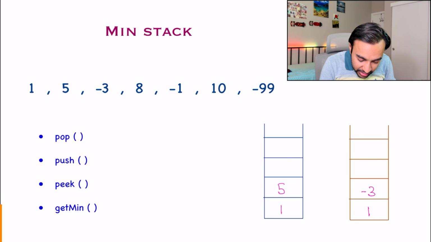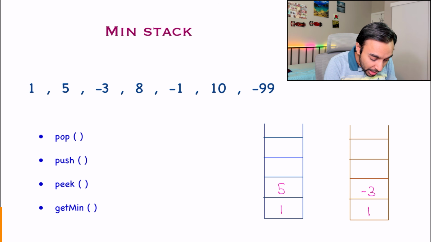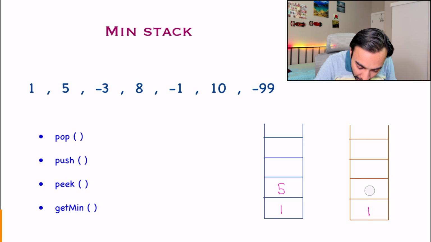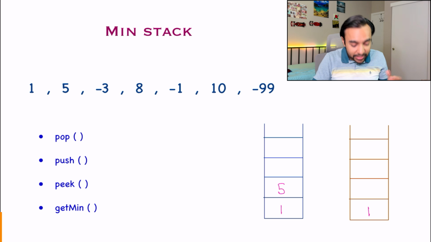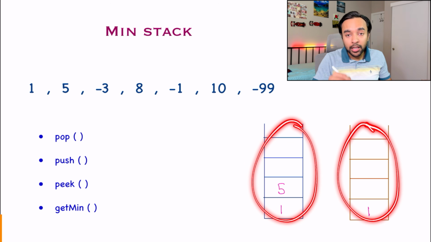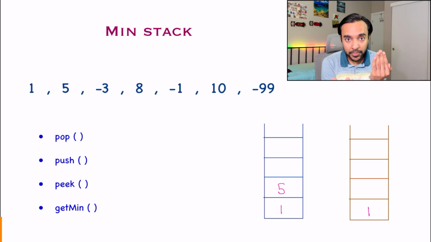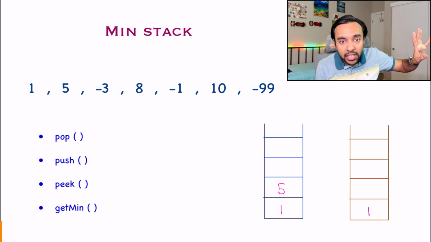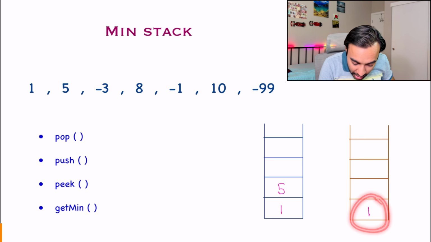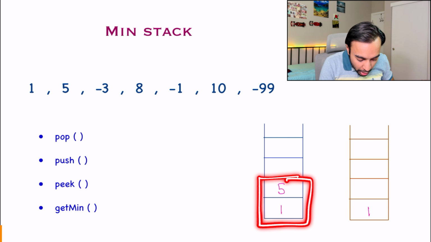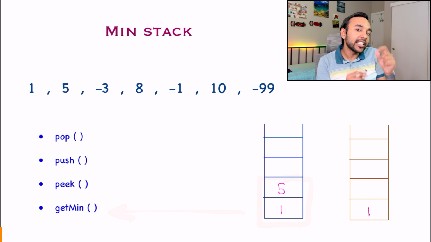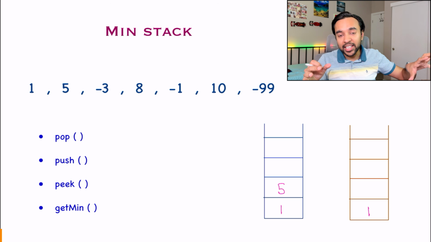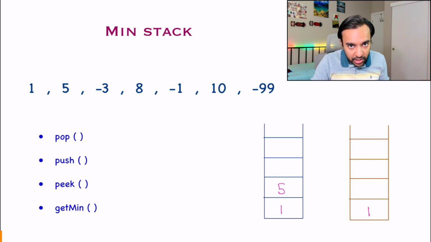But in your min stack, you have minus 3 here as well. So you will need to remove minus 3 also. That is how this stack and this stack will maintain kind of the same state. If someone asks you, give me the minimum, you will not return minus 3. You will return 1 because out of the remaining elements of the stack, you have to tell me the minimum. That is why you will look at both of these stacks simultaneously and then perform your operations.